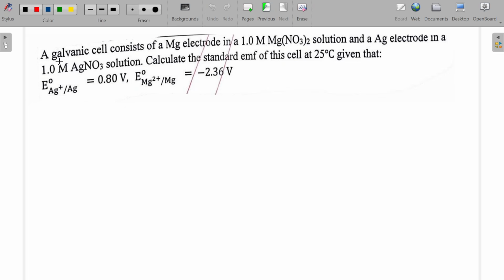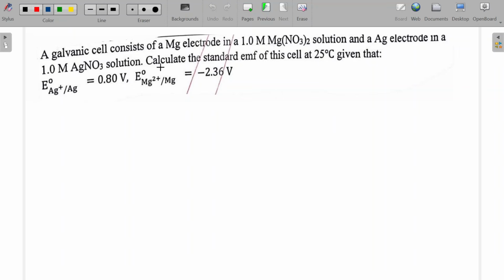So now there's this question to say a galvanic cell consists of a magnesium electrode in a 1.0 molarity magnesium nitrate solution and an Ag electrode in a 1.0 molarity silver nitrate solution.